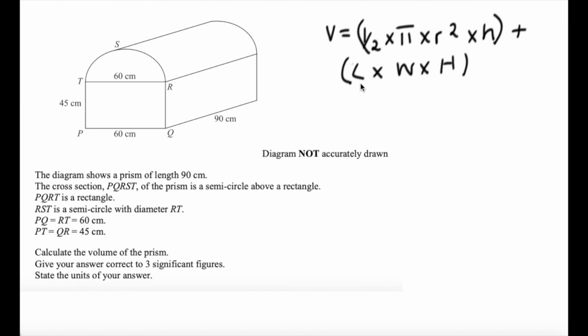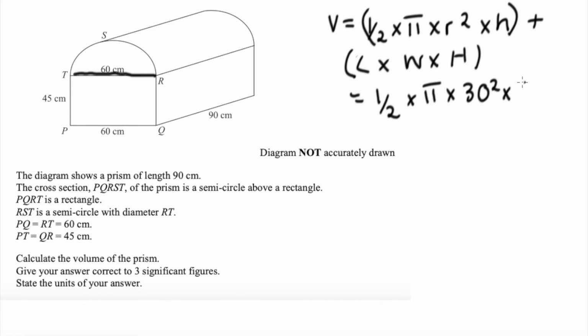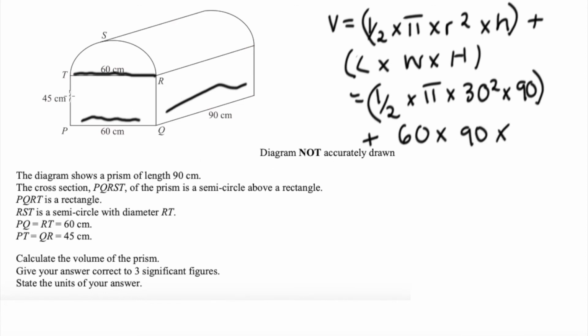So that will be equal to half times pi times radius, which is half of the diameter. 60 is our diameter, so our radius will be 30, squared, times our height, which is 90. So we put that in brackets, plus 60 centimeters times 90 centimeters times our height, which is 45 centimeters.